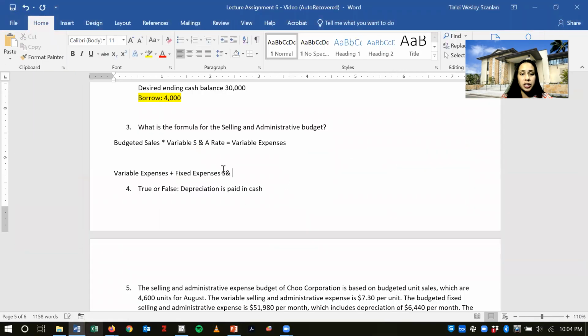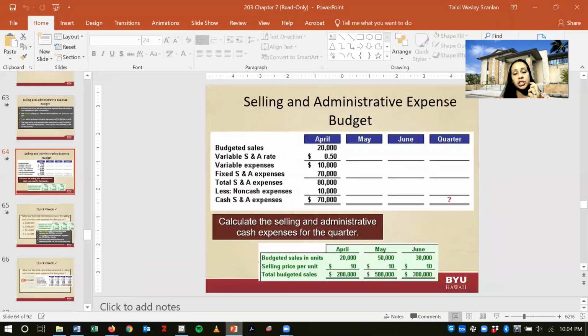So remember, variable expenses, selling and administrative, plus fixed gives us total. Subtract our non-cash selling and administrative expenses. In our cash budget, we need to know about cash flows, and depreciation is non-cash, so we need to take it out. That gives cash selling and administrative expenses.